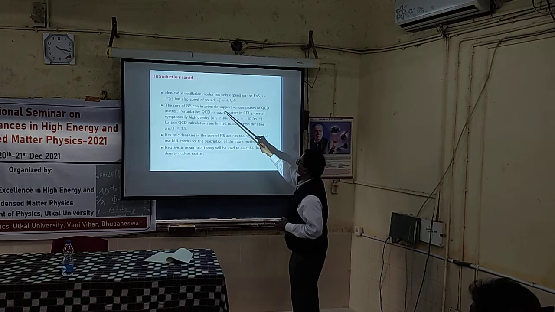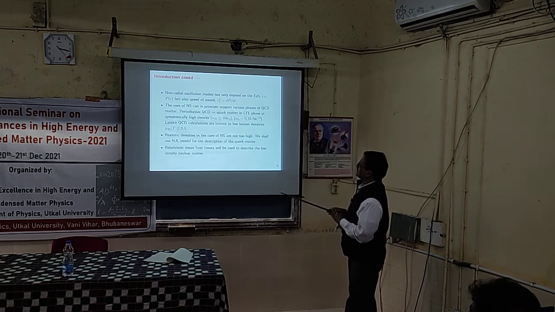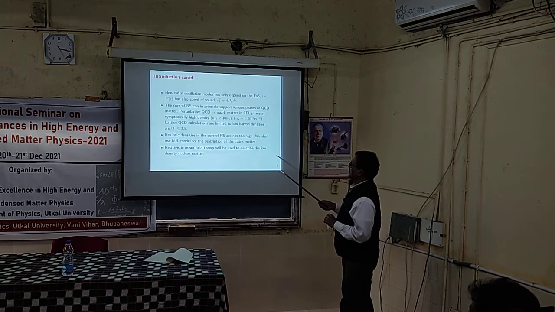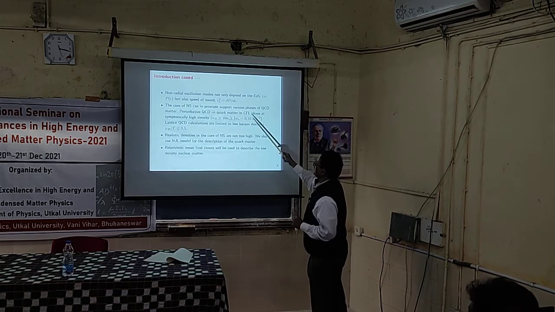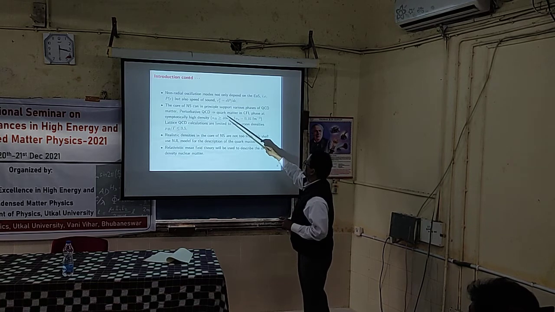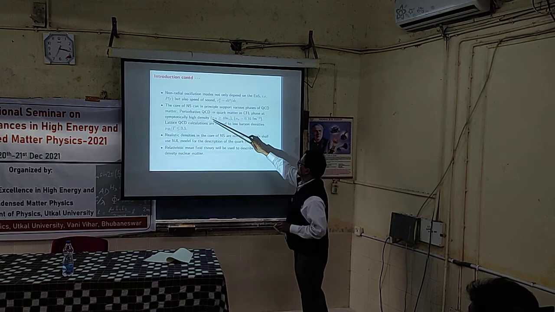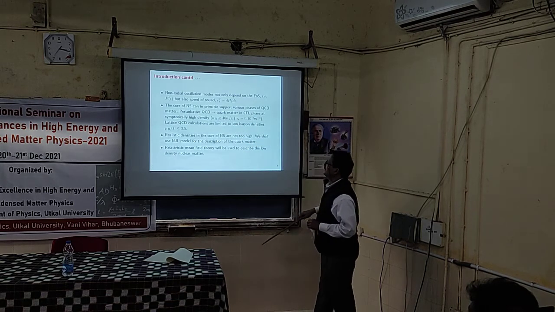So that is the basis of this calculation. The core of a neutron star in principle supports various phases of QCD matter, such as quark matter in the superconducting phase, but that is only valid at much higher density.